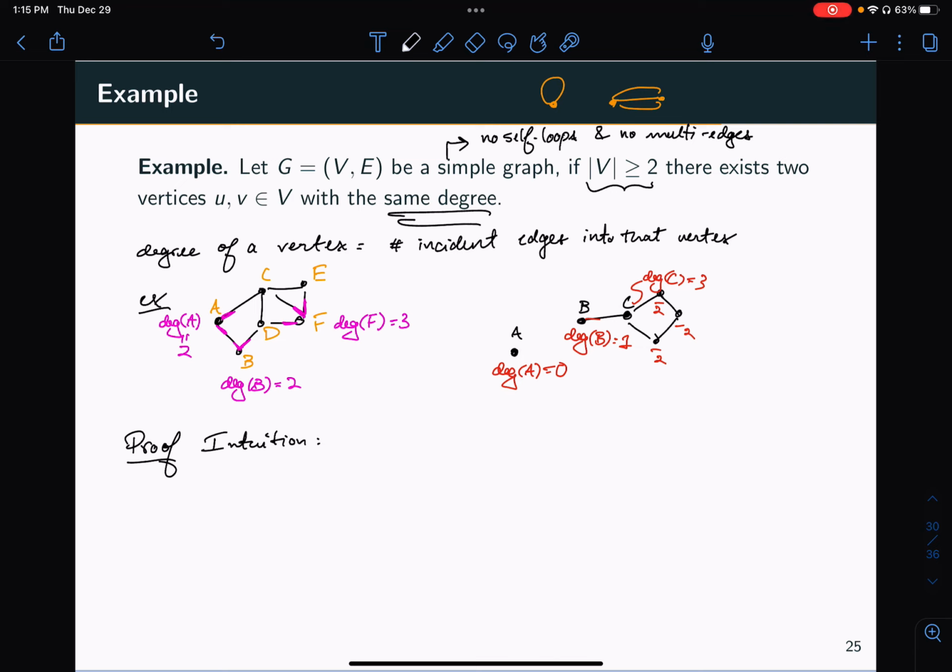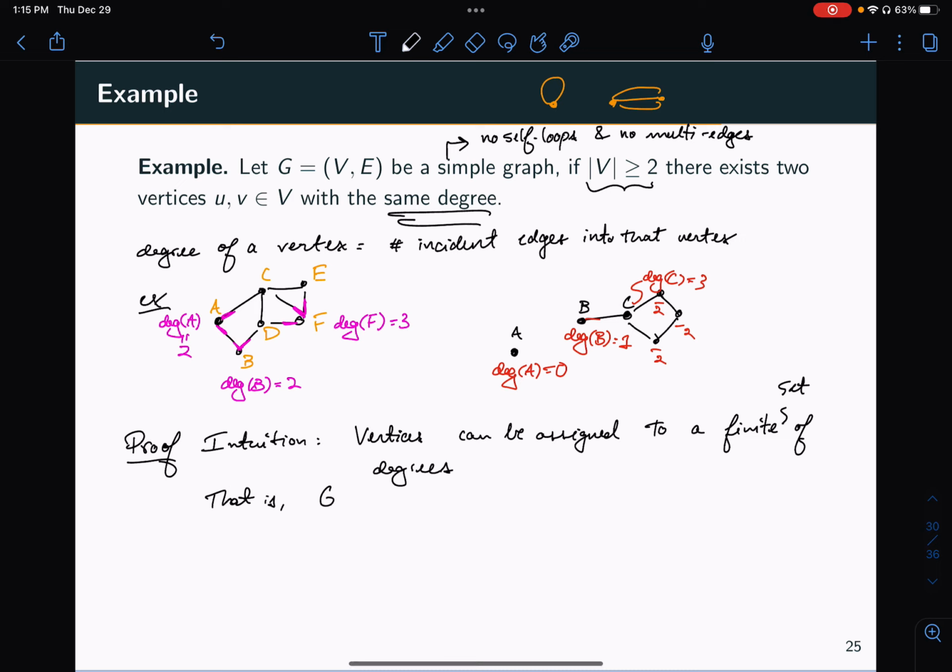So vertices can be assigned to a finite set of degrees.